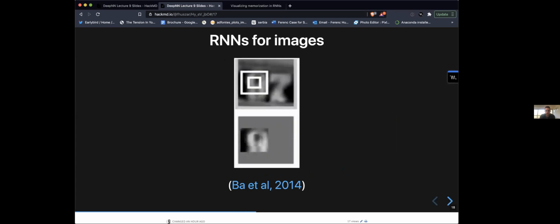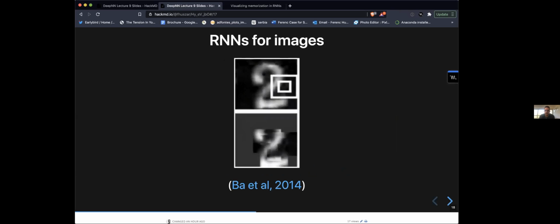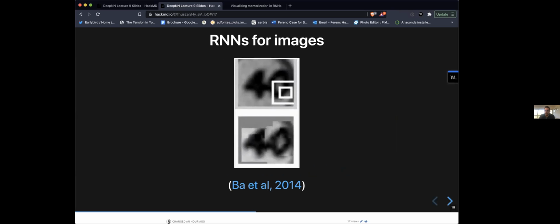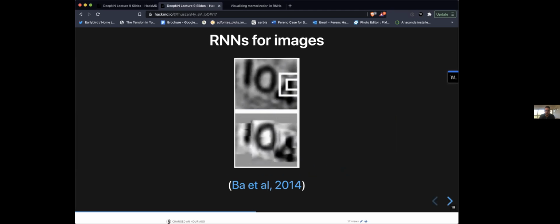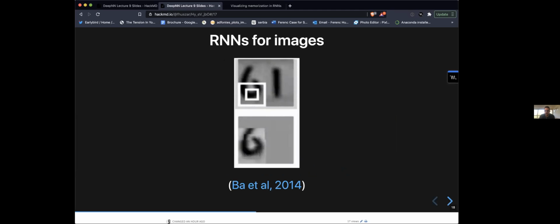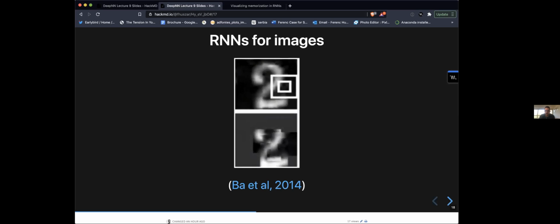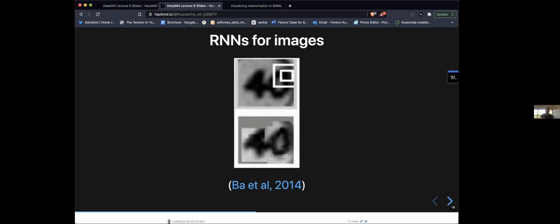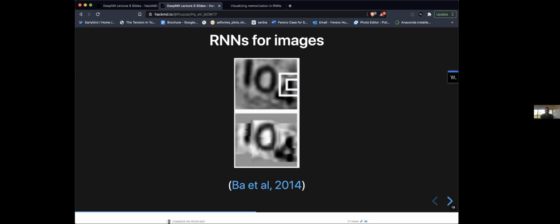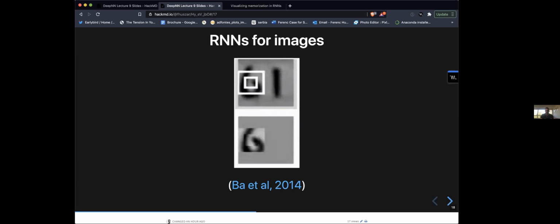I showed examples yesterday for generating text, which is obviously, I think, a very natural use case for RNNs, but it's possible to deal with even images using RNNs. And the sequences here can come in different forms. So essentially, when you want to solve a problem with an RNN, you try to find a clever way of turning the problem into a sequential problem.